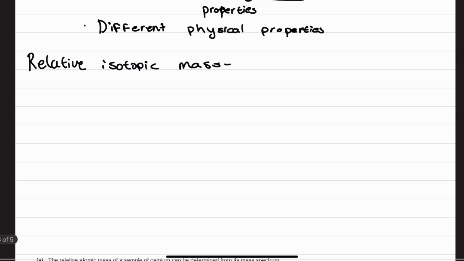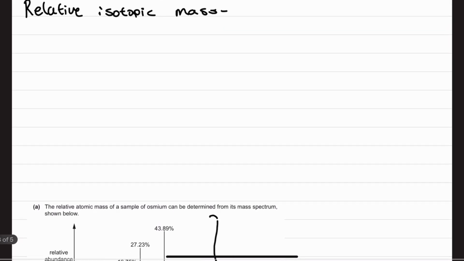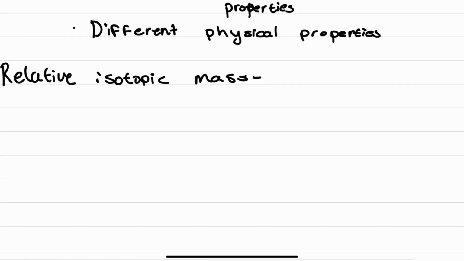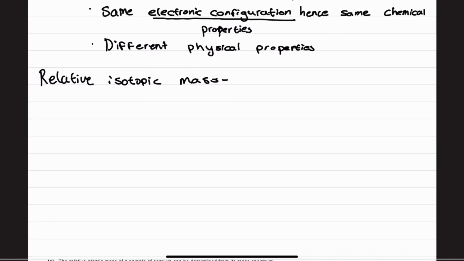Now, there are two more definitions that you must remember. The first one being relative isotopic mass. And I'll write that down first.